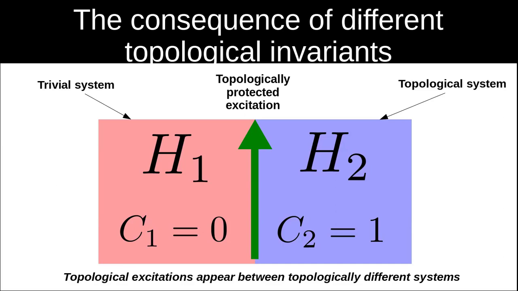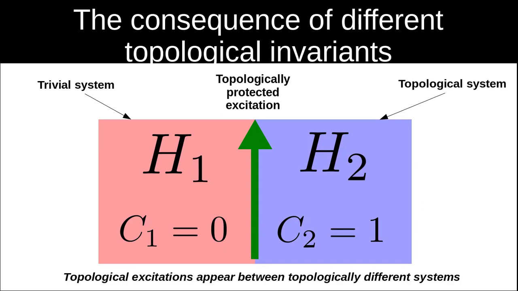There's no way of going from H1 to H2 without closing the gap. Therefore, irrespective of how this interface between H1 and H2 is, you are always going to have a metallic state there. You are always going to have a topologically protected excitation there.